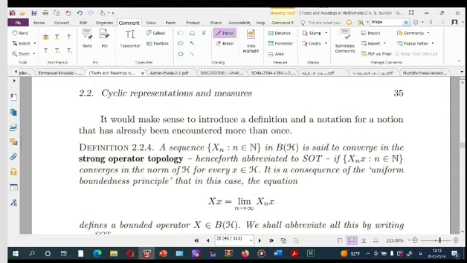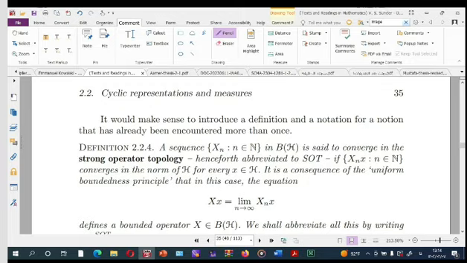If this sequence converges in H, it is a consequence of the uniform boundedness principle that in this case the operator X of x equals this limit, because we know that this limit exists in H. Now we can define this function for any x, X of x equal to this limit.